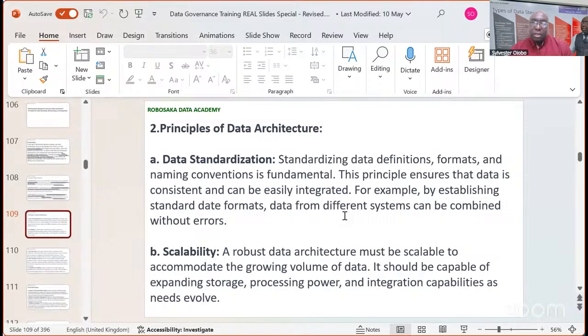And it should be capable of expanding the storage, processing power, your integration capabilities that are ever evolving. So when you try to integrate many data sets to be unified and for proper usefulness, you must also have a robust architecture to accommodate such complexity of data you're going to have.